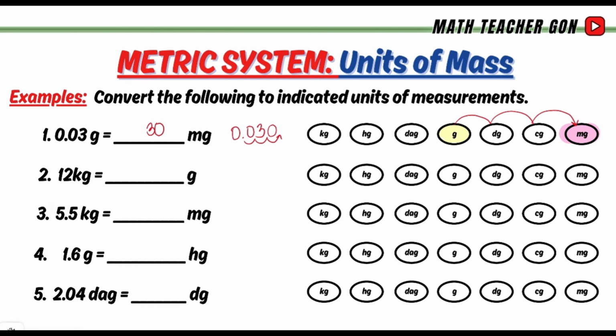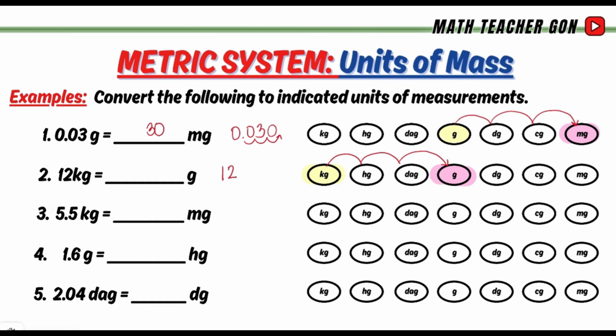Next, number 2. 12 kilograms. You have to convert it to grams. So let's highlight first kilogram. And you need to convert it into grams. So let's count from kilograms to grams. 1, 2, 3. So again, 3 moves to the right. Let's write 12.